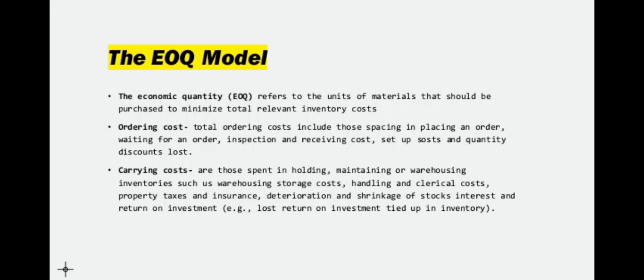Carrying costs are those spent on holding, maintaining, or warehousing inventories, such as warehousing storage cost, handling and clerical cost, property taxes and insurance, deterioration and shrinkage of stocks, and interest and return on investment. An example is the lost return on investment tied up in inventory.